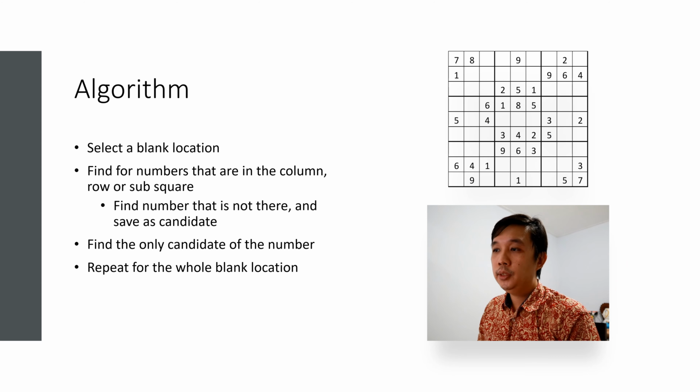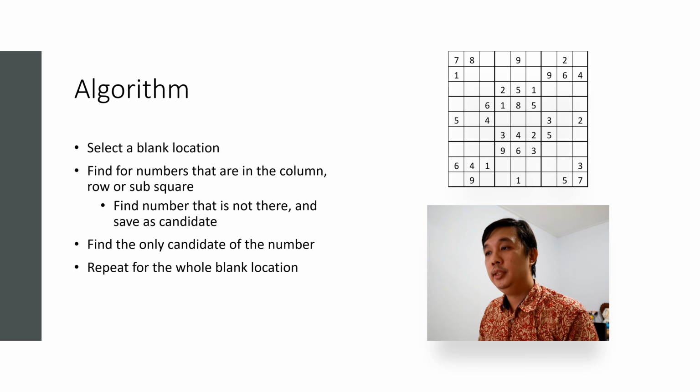The algorithm is fairly simple. I need to select a blank location. For example, I want to select the center, row number 5, column number 5. Then I find the numbers that are already in the column, the row, and the subsquare of the position I want, and I save them. I can memorize them because it's only about 10 numbers, so it's very easy.